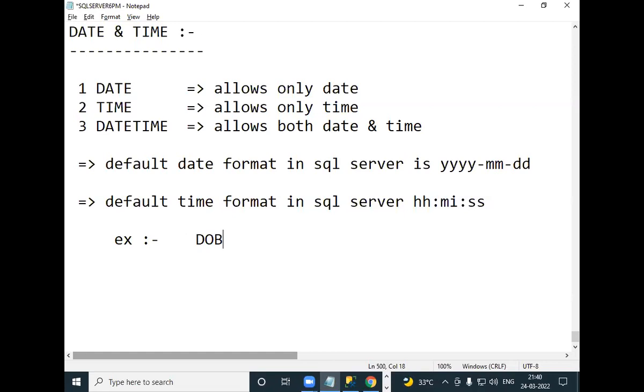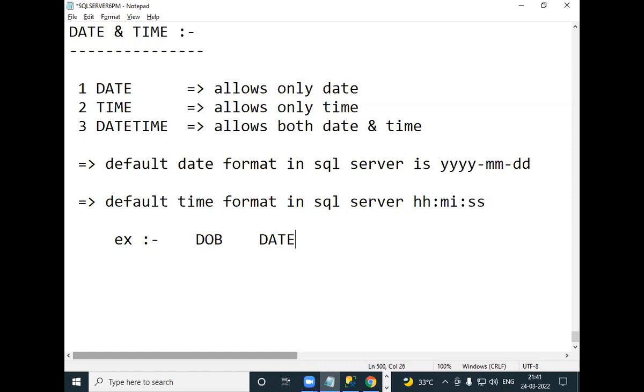When you open a bank account, they take date of birth, and it is compulsory. Date is compulsory. Is time important for the bank? Time is not important. What time you were born is not important for the bank. Date is important, so use the date type.